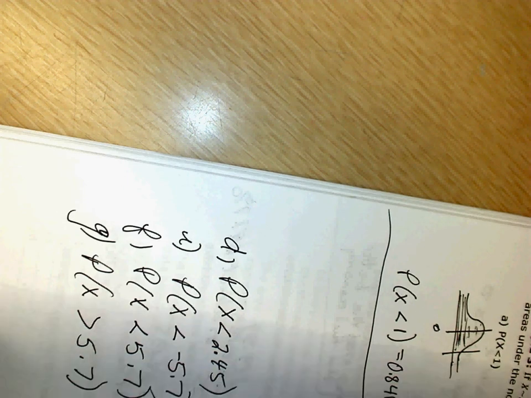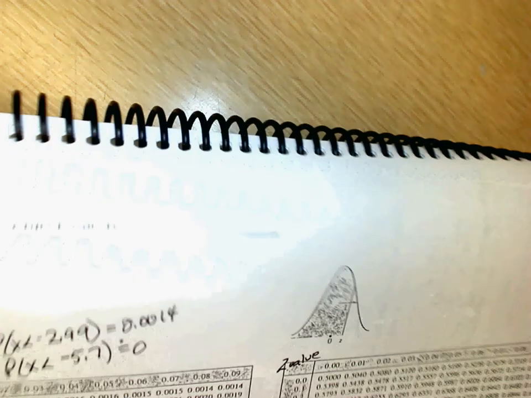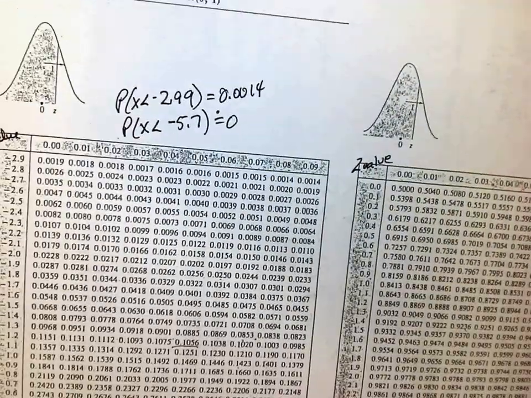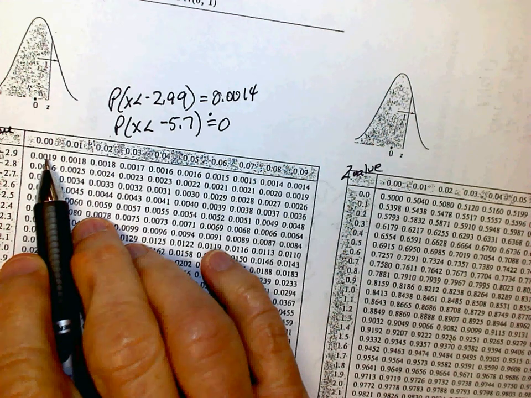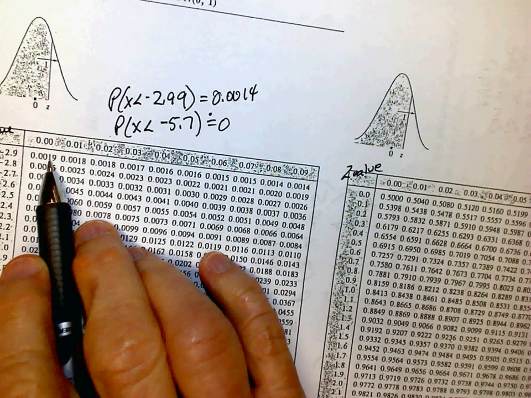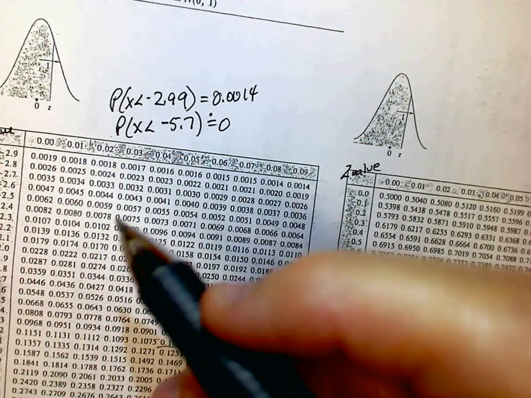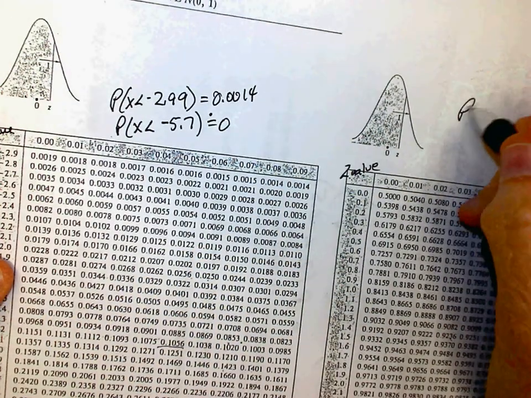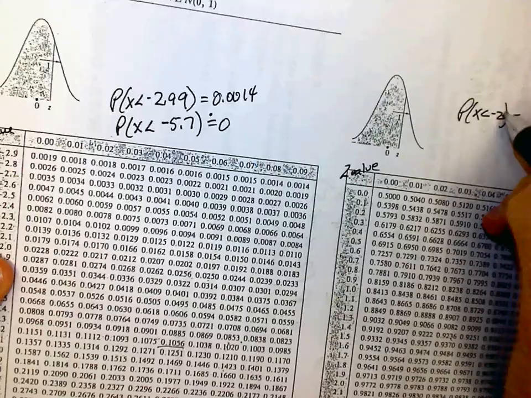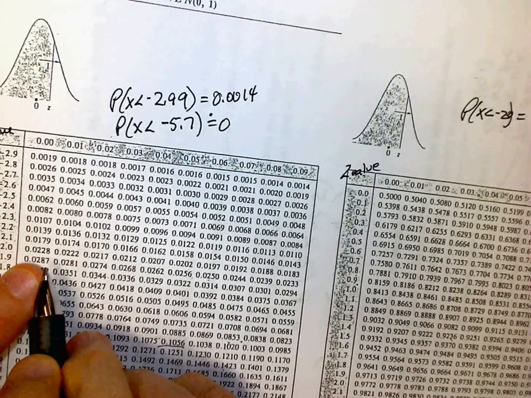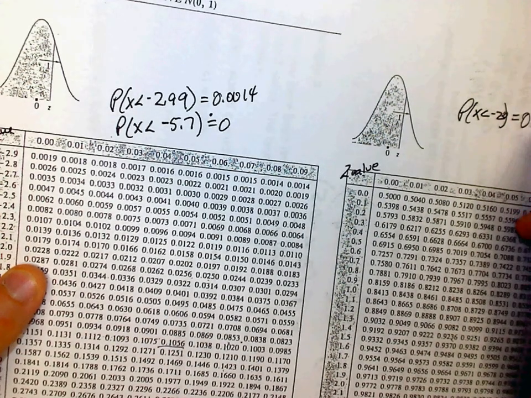For example, if I want the probability x is less than negative 2.0, I just go here and read it off. That's 0.0228.